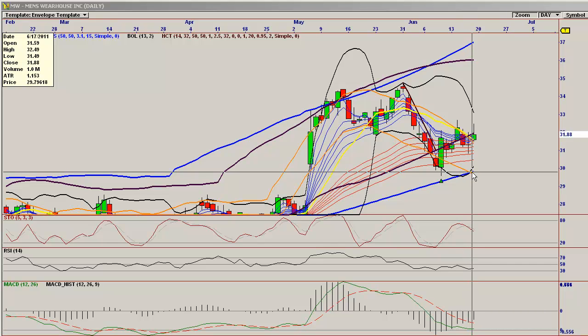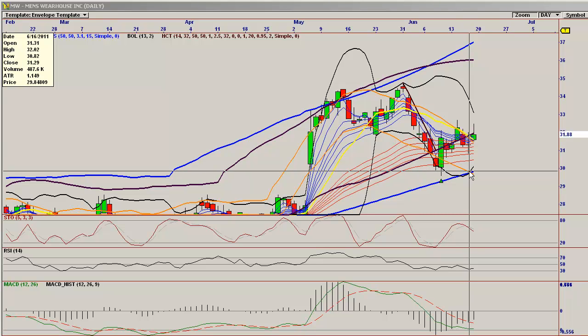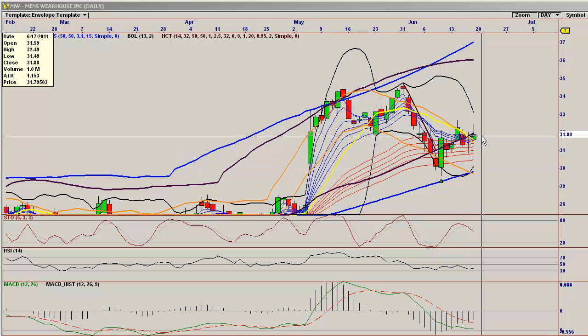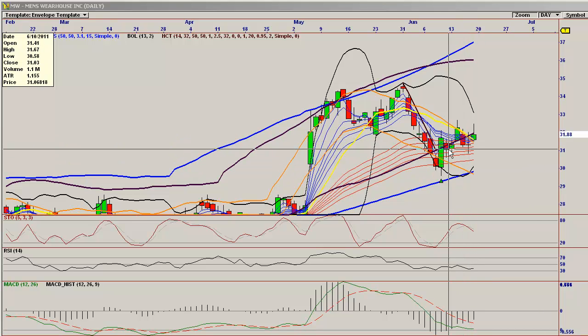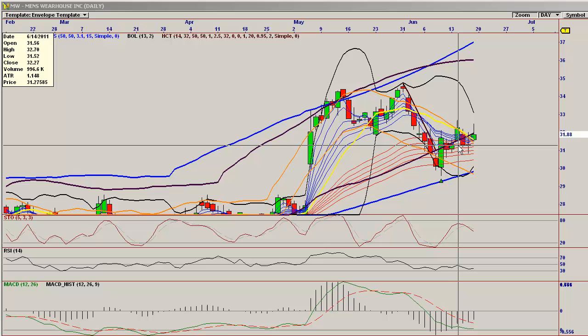So, should it come down, we would think that there would be a major reaction and have it bounce, unless the market just is destroyed by Europe and that's the end of everybody. But this would suggest there is lots of bullish possibility in this equity.